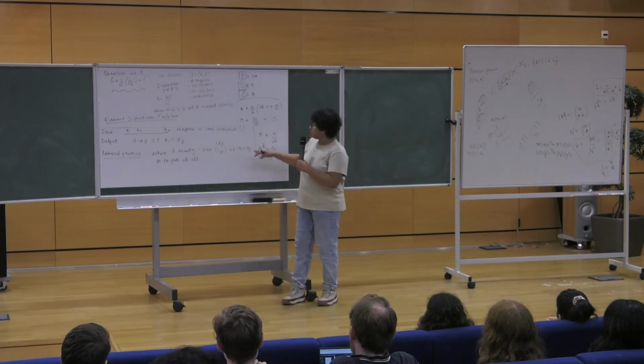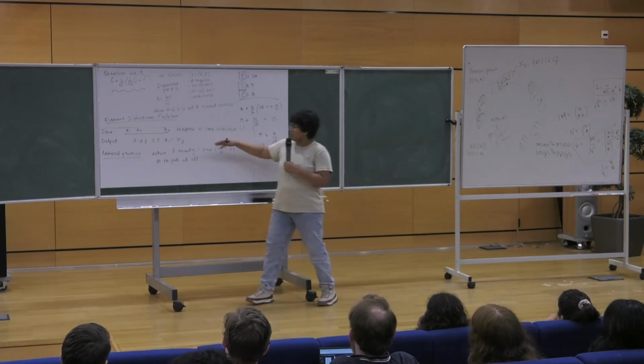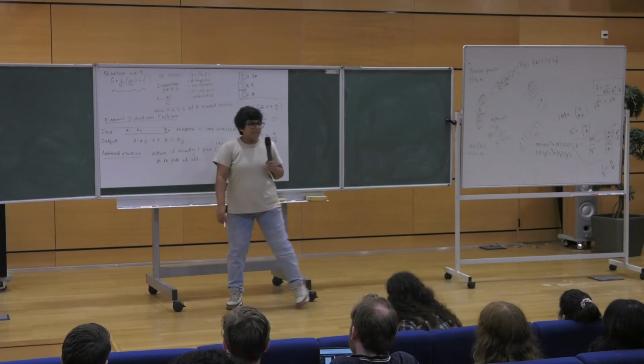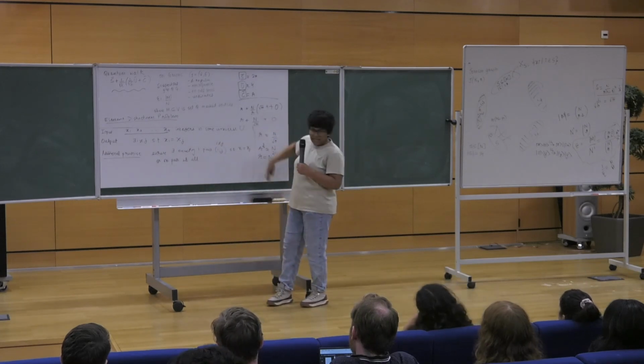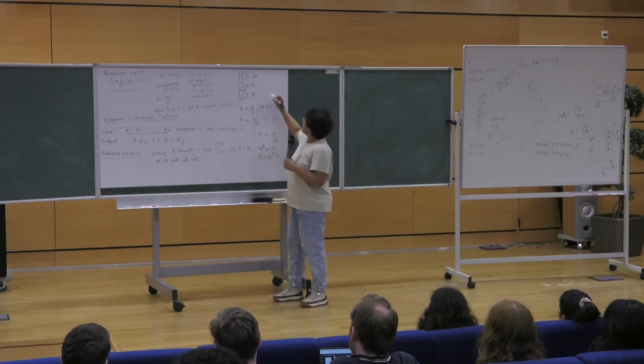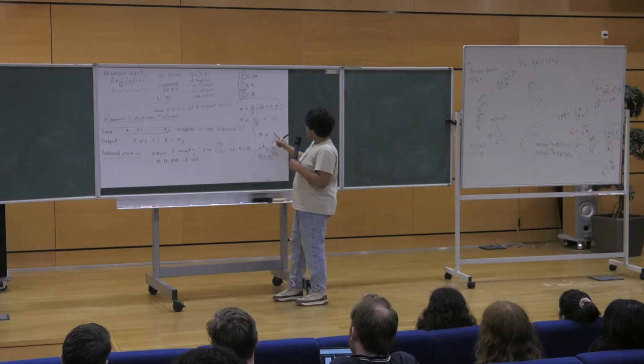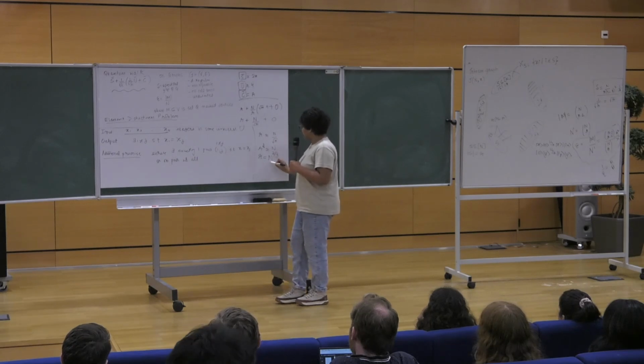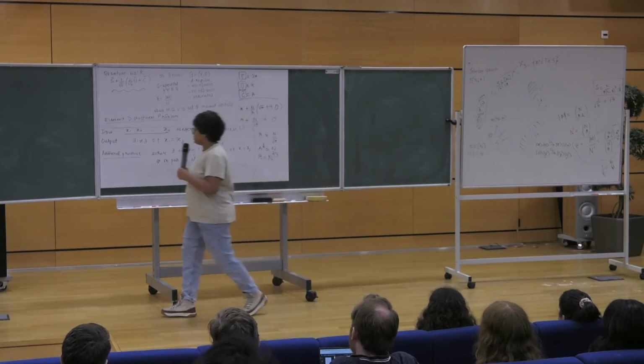Now for element distinctness, because the problem has some nice structure, you can use this same algorithm with a little modification and get the cost of n 2/3, but with polylogarithmic factors.